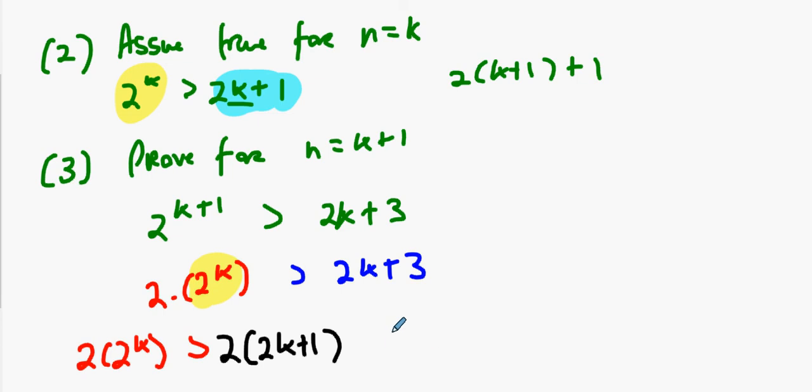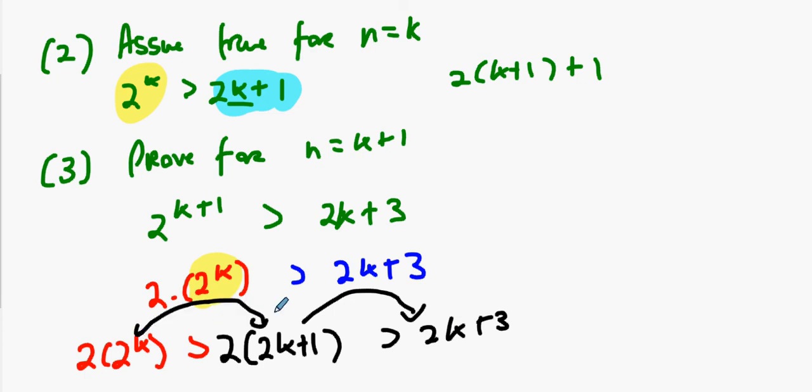And in turn, if I can prove that 2 times 2k plus 1 is bigger than 2k plus 3, that means that the middle one is bigger than the one on the right, and we've assumed that the one on the left is bigger than the one in the middle. Therefore, the one on the left is bigger than the one on the right, which is what we wanted to prove in the first place.